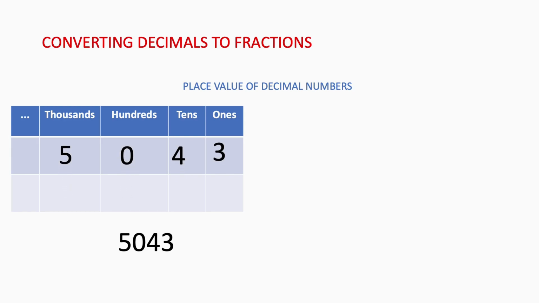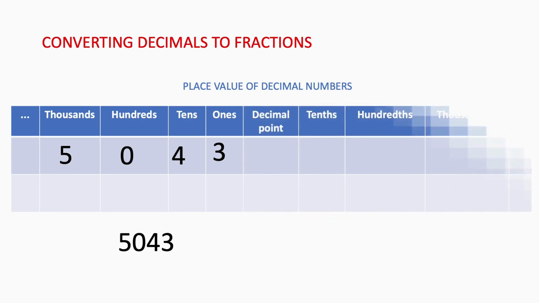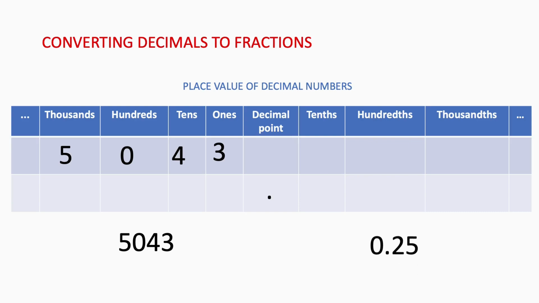Now for decimal digits, which come after the decimal point, the place values are named in this way: tenths place, hundredths place, thousandths place, and so on. For example, if we want to write 0.25 in this table, then 0 will be in the ones place, 2 will be in the tenths place, and 5 will be in the hundredths place.